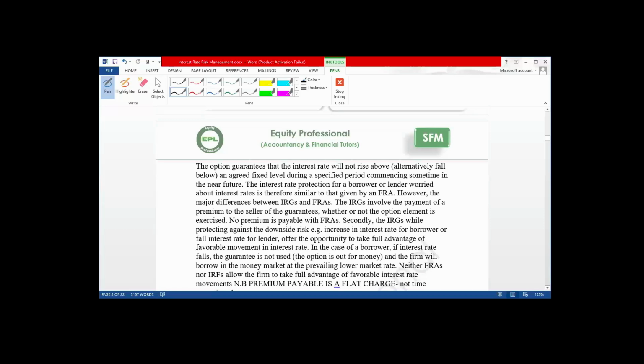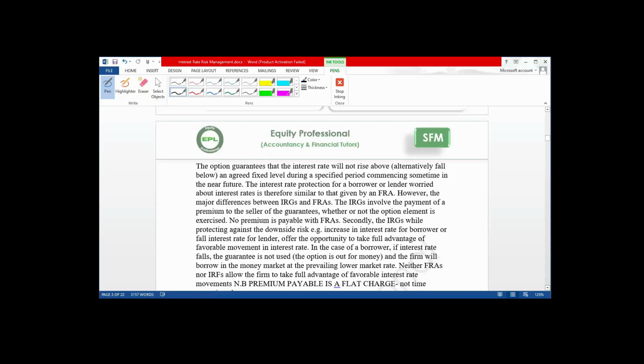At the same time, interest rate guarantees allow the company to take advantage of favorable movement in interest rates.